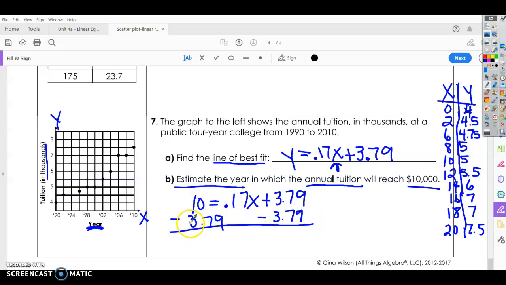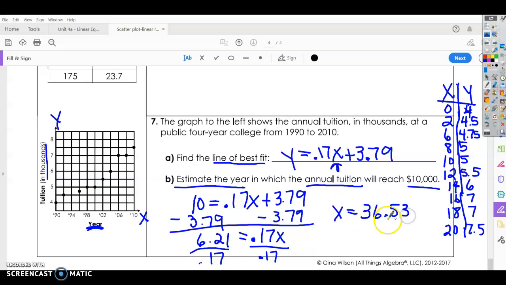All right, so 10 minus 3.79 is 6.21 equals 0.17x. We're trying to solve for x. So divide that by 0.17. So our x is going to be about 36.53. So 37.